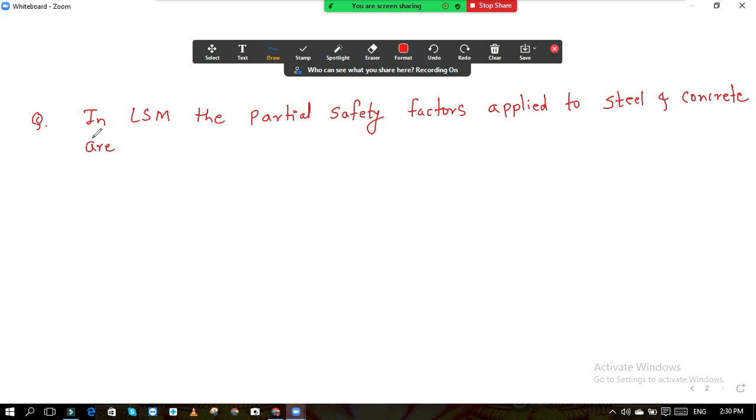Okay, so your options are A, 1.15 for concrete and 1.5 for steel. This is the first option.